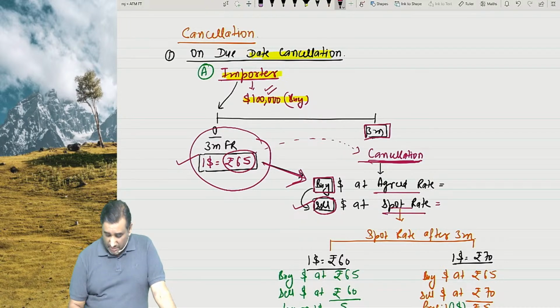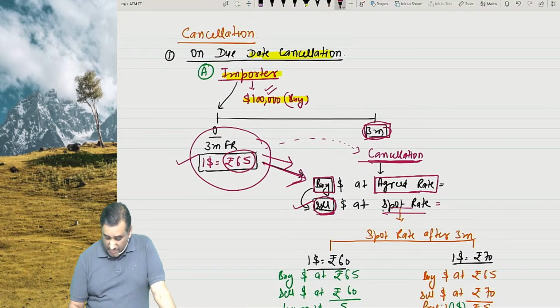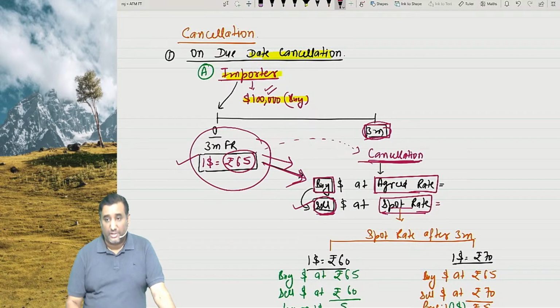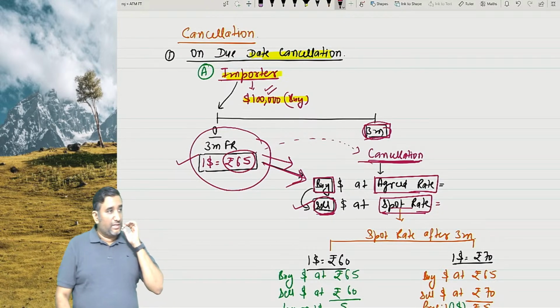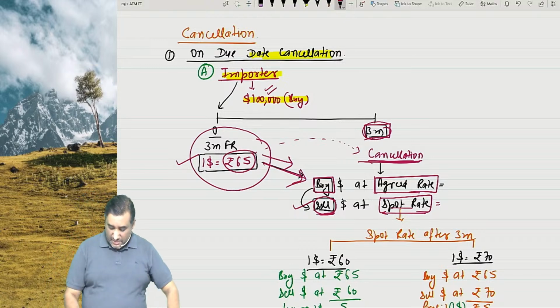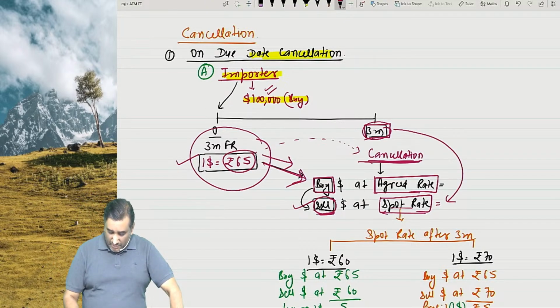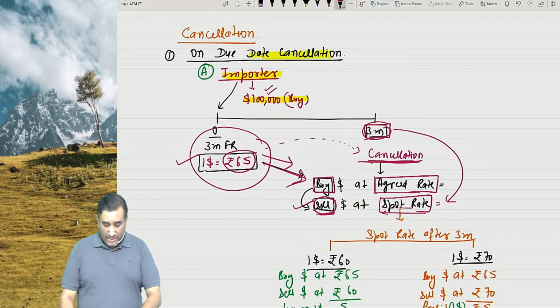That's the reverse way. The dollar rate decided in the zero period is called the agreed rate. Since it is happening on a due date, the sell will take place at the spot rate, which is the rate at the 3 months time period. So if the original agreement was buy, the cancellation would be by a sell contract.